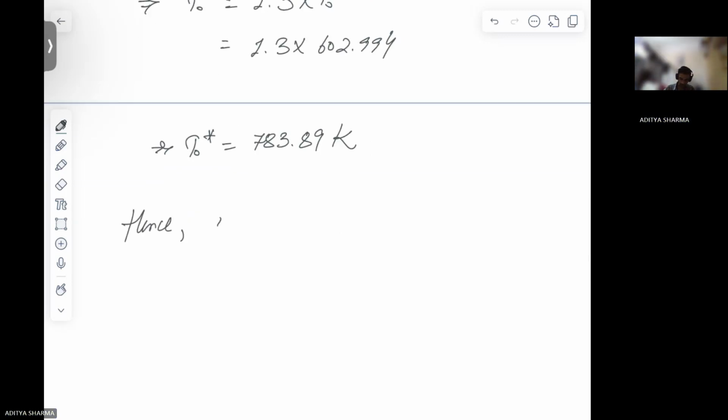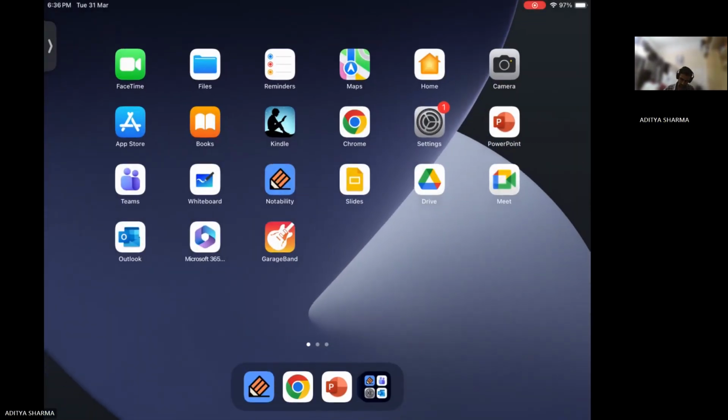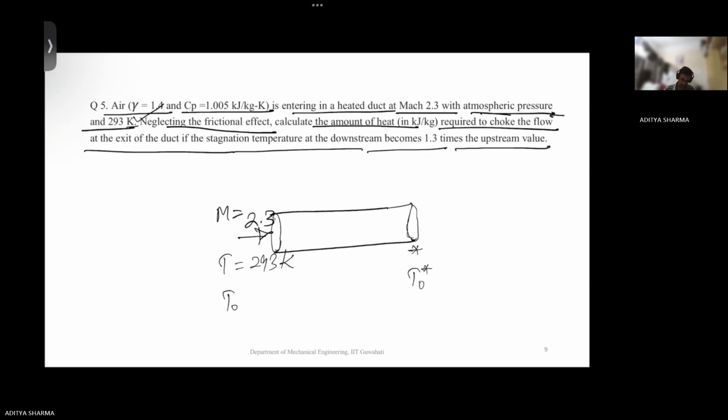Hence, Q is equal to Cp, which is 1.005. If you see the question, 1.005 kilojoule per kg Kelvin.